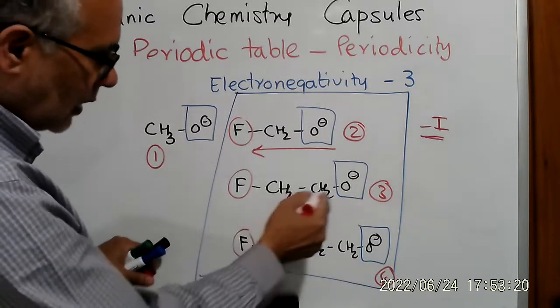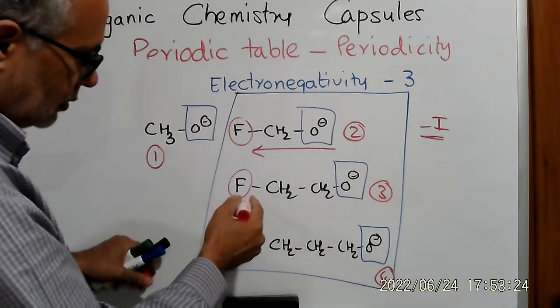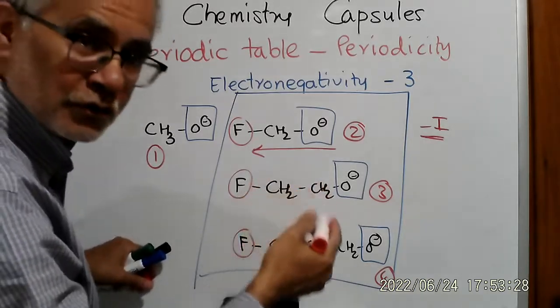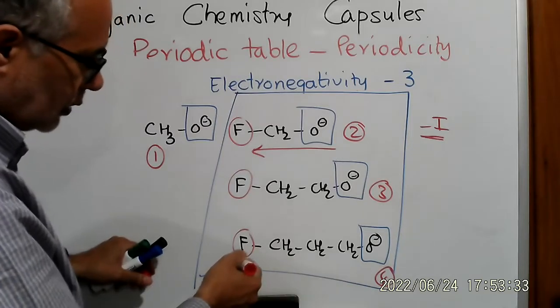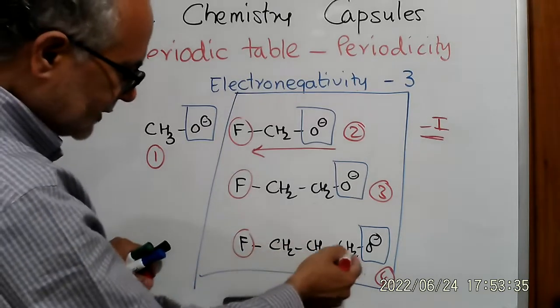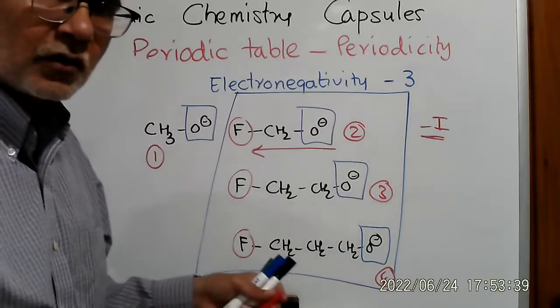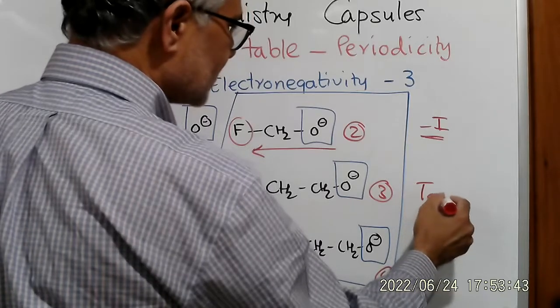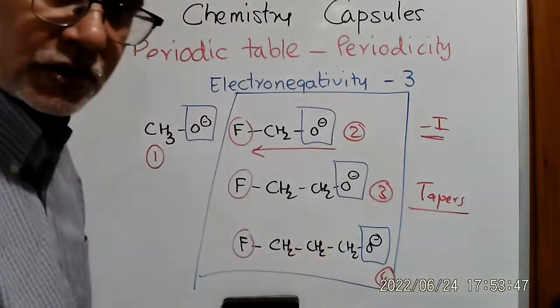In ion 3, fluorine is 2 carbons away, so its effect will be reduced. And in ion 4, the fluorine atom is 3 carbons away, and the effect still falls off. So the minus I effect tapers off as the distance from the negative charge increases.